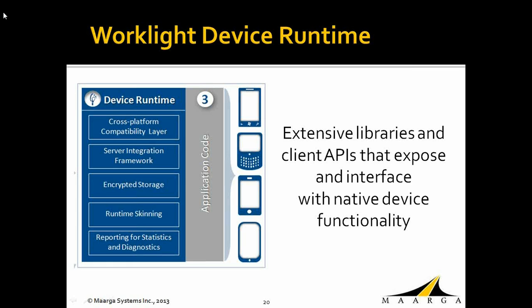This WorkLight device runtime utilizes the PhoneGap framework to deliver a uniform bridge between standard web technologies and the native functions that different mobile operating systems provide. And it's also the runtime that provides for the multiple skinning choices that I was talking about, and also secured encrypted storage on the devices.